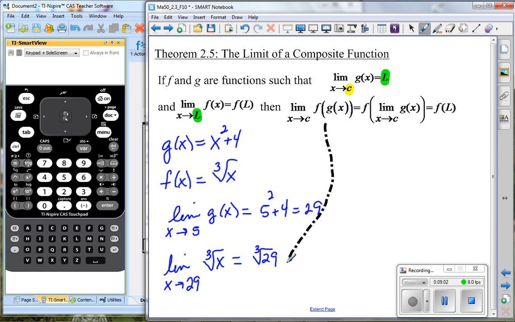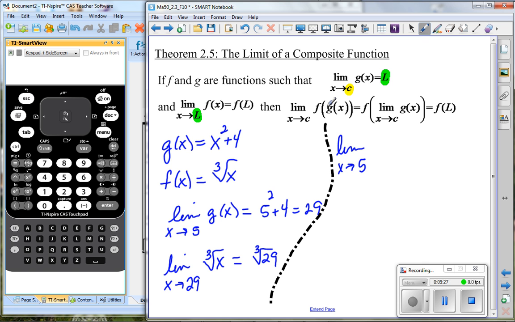Now let's look at it in the other format here. So we'll just put a little line down here, and let's look at it using our theorem. It says that if we look at the limit as x approaches 5 of f of g of x.